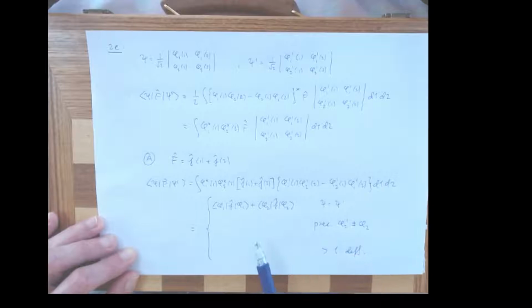Now let's assume that phi 2 prime is actually different from phi 2. So it might be that phi 2 prime is actually phi 3 or 5 or something different from 2, so something which is orthogonal to 2.